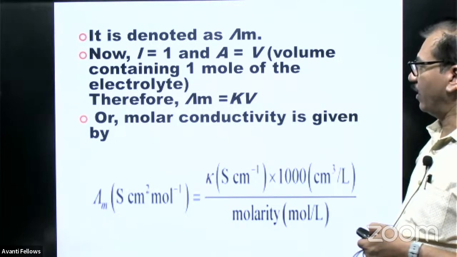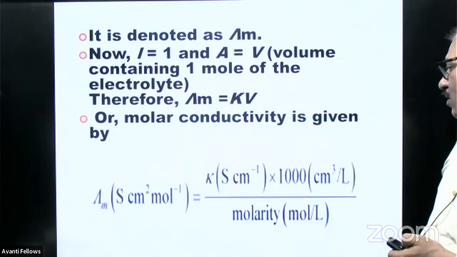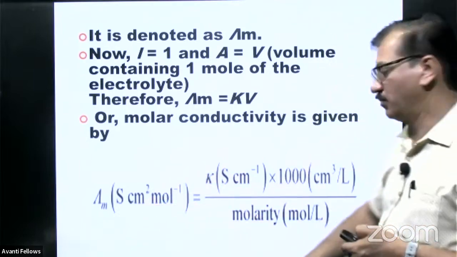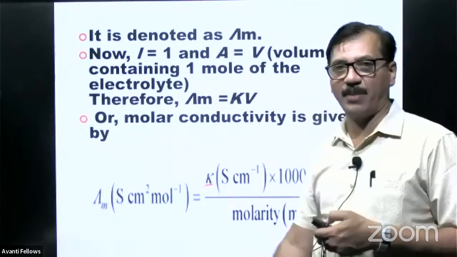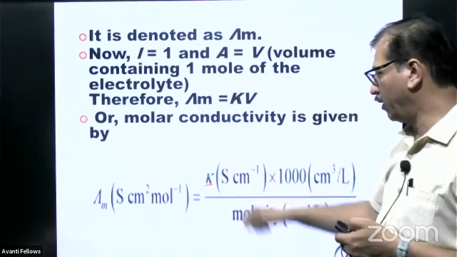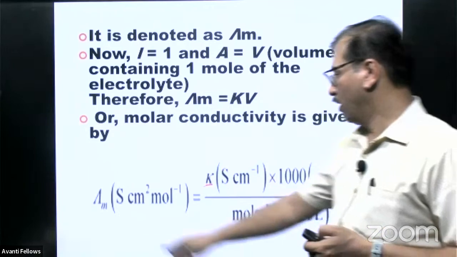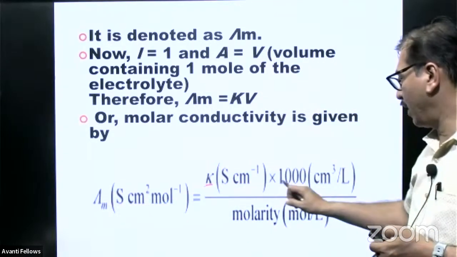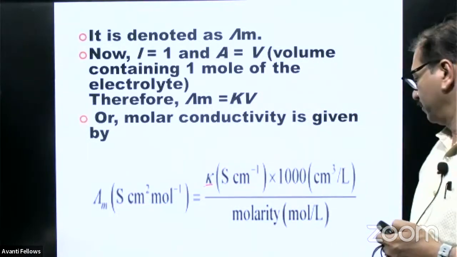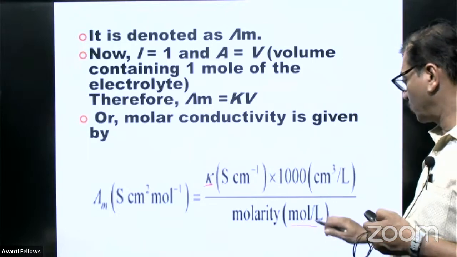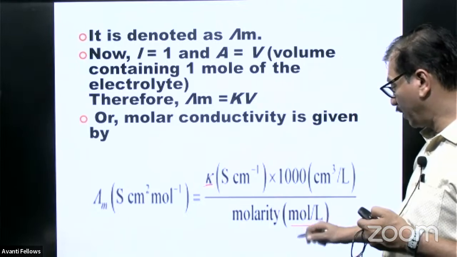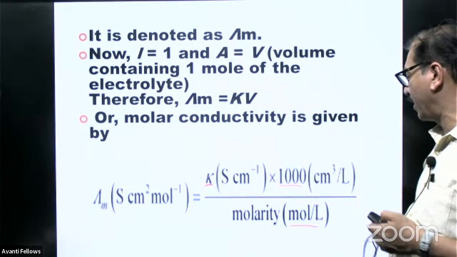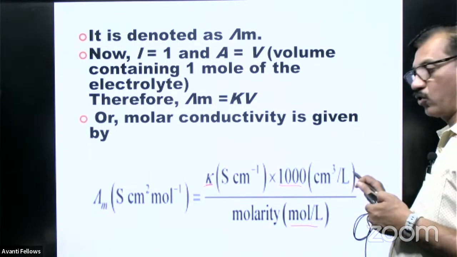So molar conductivity is related to the conductivity. Conductivity is denoted as kappa, which looks like K. Lambda m is equal to kappa into 1000 by molarity. Molarity will be moles per liter, and in order to convert this into centimeters, we need to multiply by 1000 centimeter cube by liter.